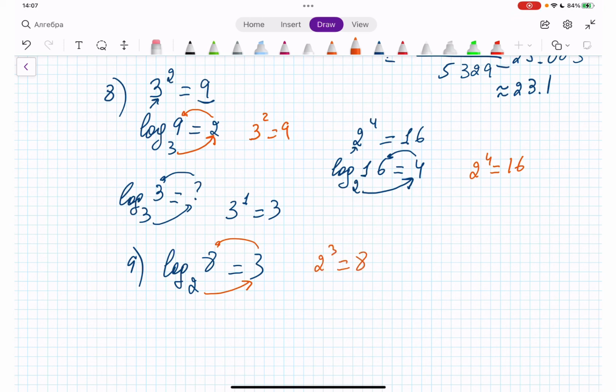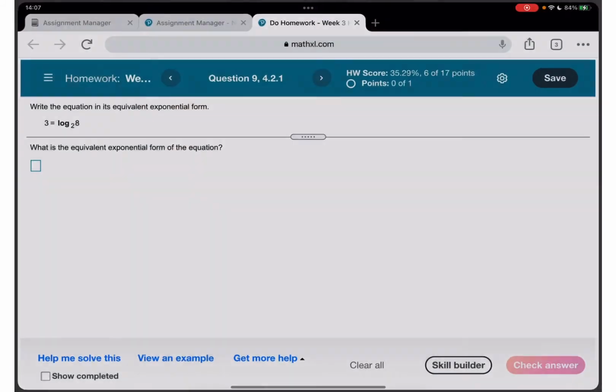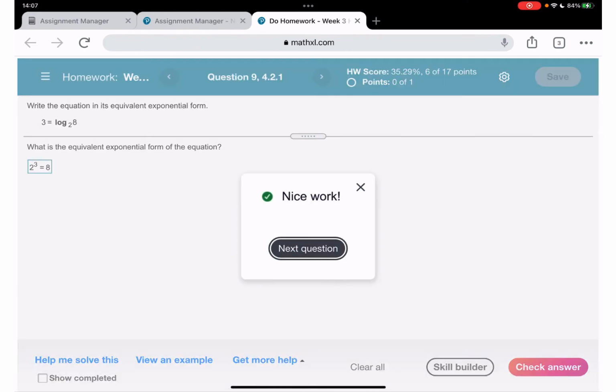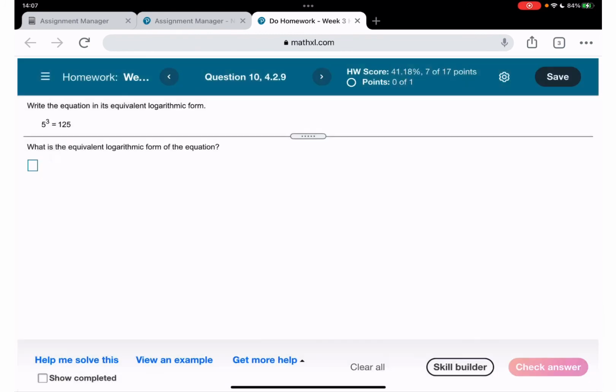And that's what I'm going to put here. 2 to power 3 equal 8. Nice work.